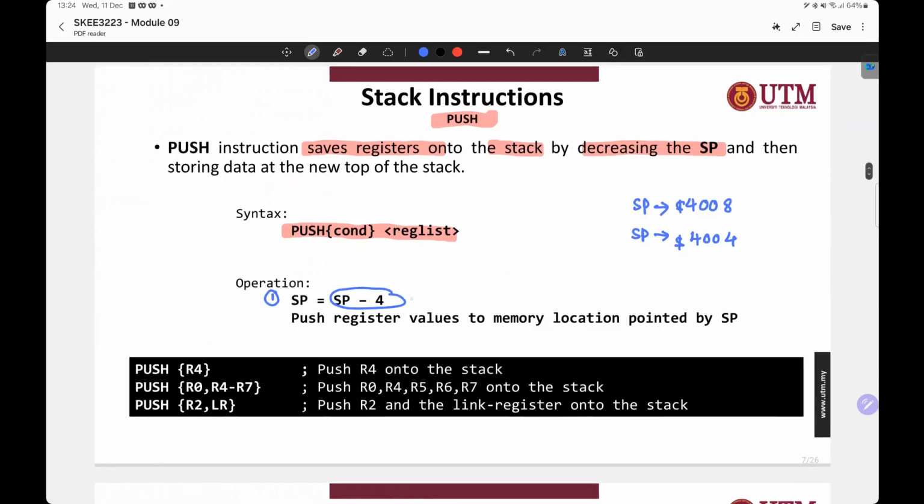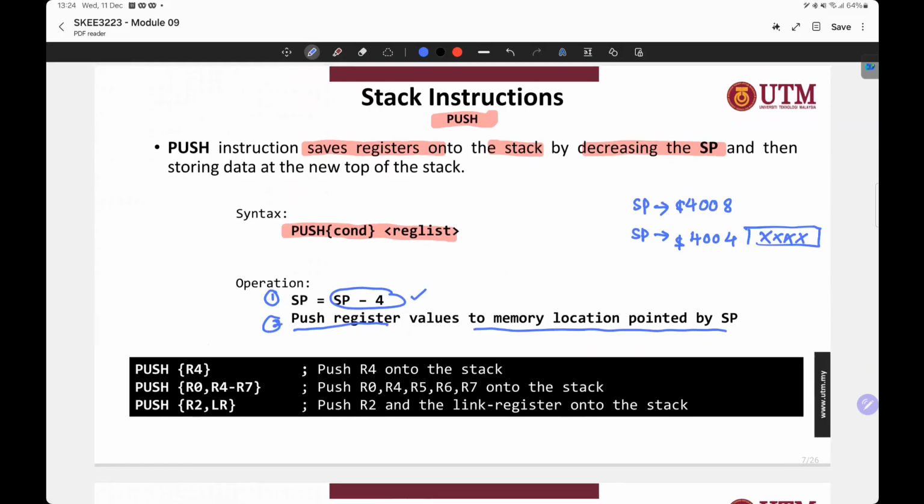After you decrement the stack pointer, then the push stores the register value to the memory location pointed to by SP. Whatever value is in your register will be stored inside this memory location.